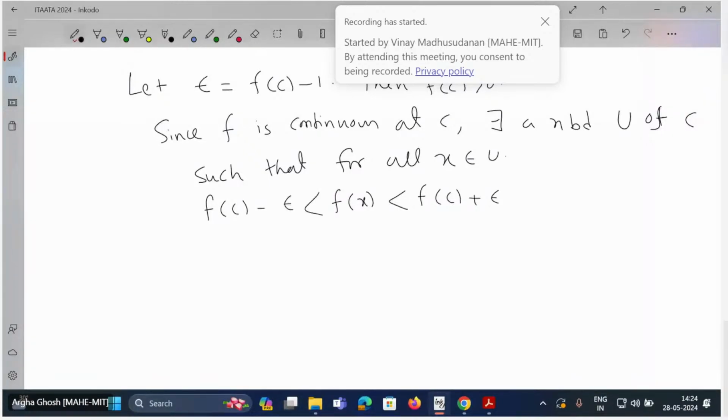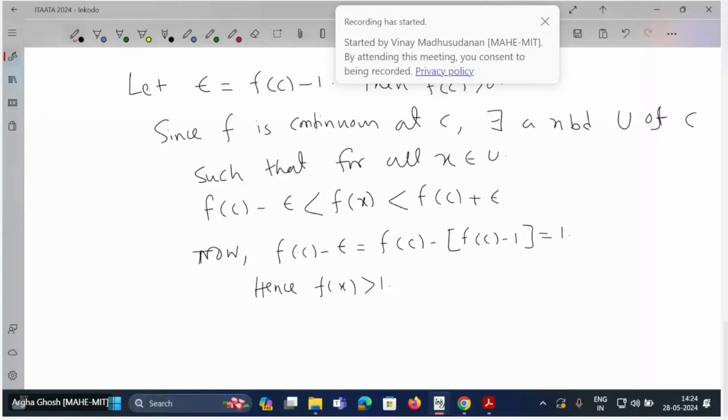So now epsilon is what? Now f of c minus epsilon is the same as f of c minus (f of c minus 1), so this is 1. So hence f of x is greater than 1.